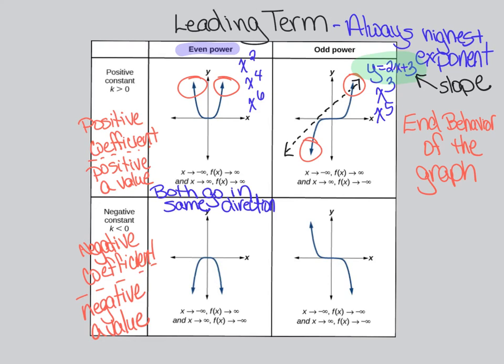Just in your brain, stretch it out. Does that have a positive slope or does that have a negative slope? So down here, you're looking at it in the same way when I have a negative coefficient as a negative slope. And that takes a little bit to get used to. But always refer back to your slope. What would the behavior be of a line?